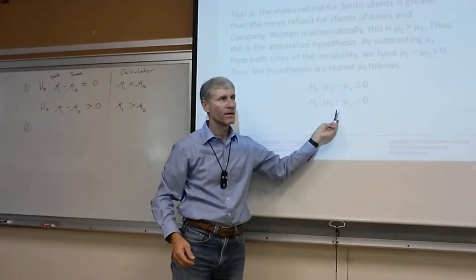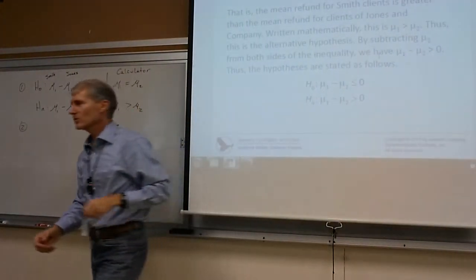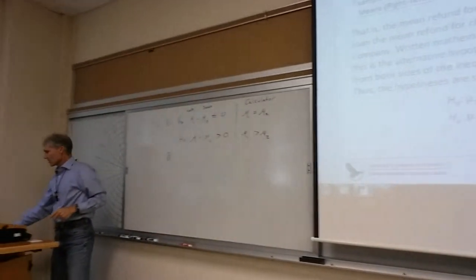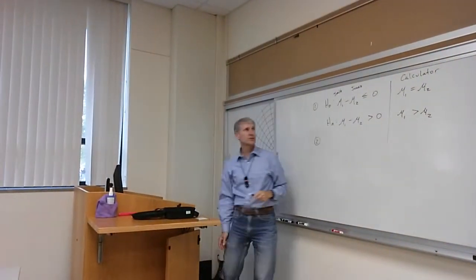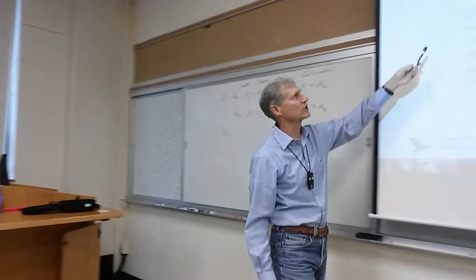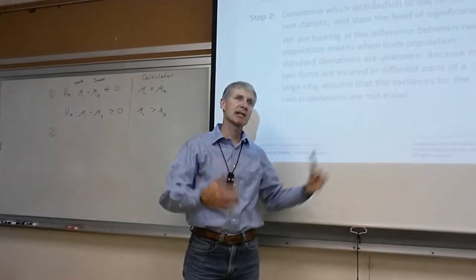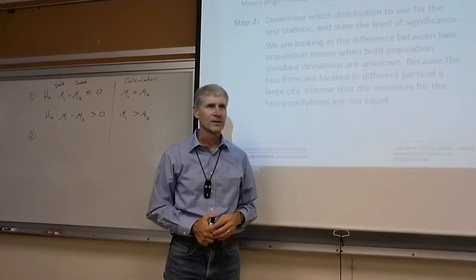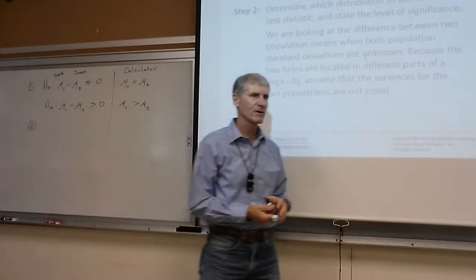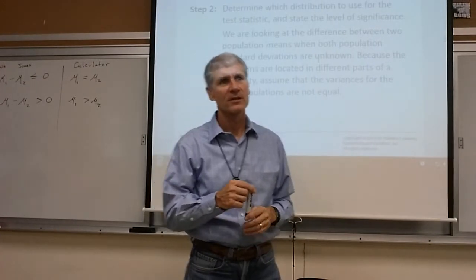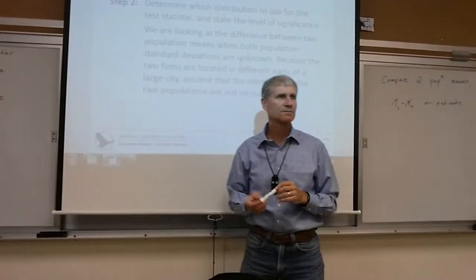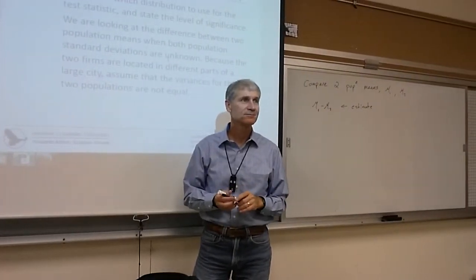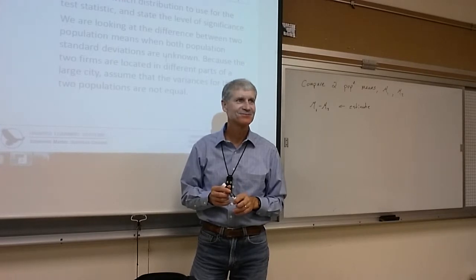Okay? Now, step number 2, the book says, is to determine which distribution to use, and I say replace that with determine which function on the calculator to use. So look at your calculator, see if you can figure out which function is the right one to use. The 2 SAMP T test.